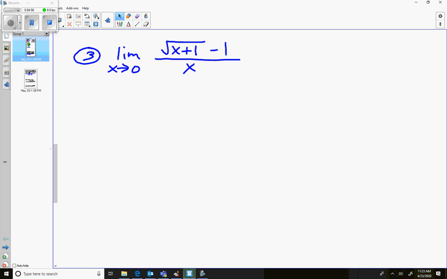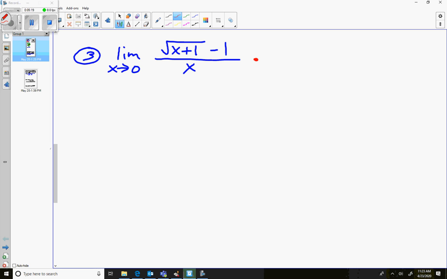Now, you're used to doing that when the radical and the binomial were in the denominator, not the numerator. Okay, remember at this point, we're not worried about fixing the radical. We're worried about trying to figure out how to evaluate the limit. We simply cannot evaluate the limit the way it's written. So we've got to manipulate it.